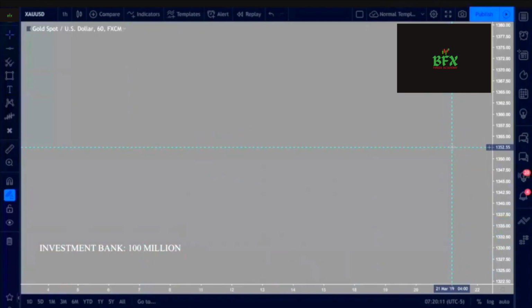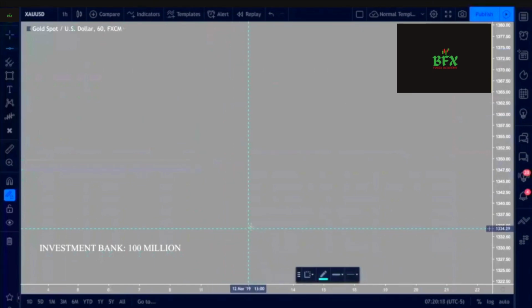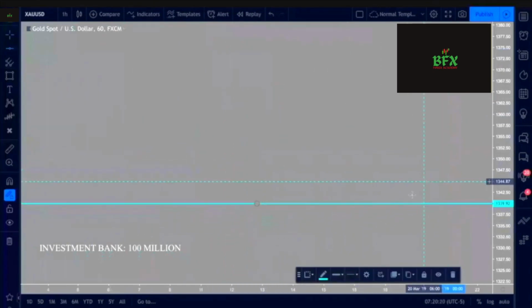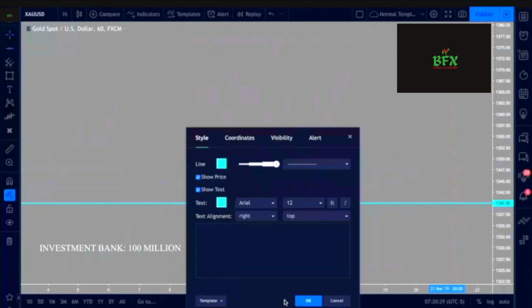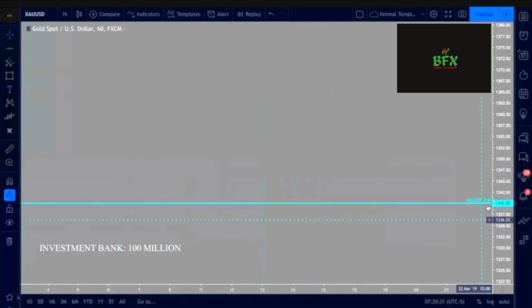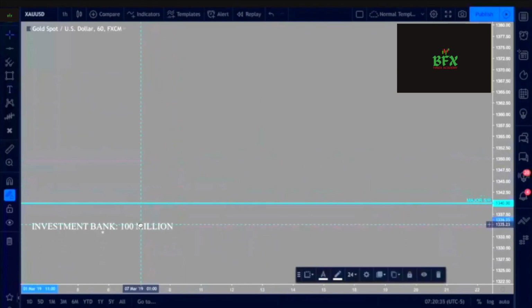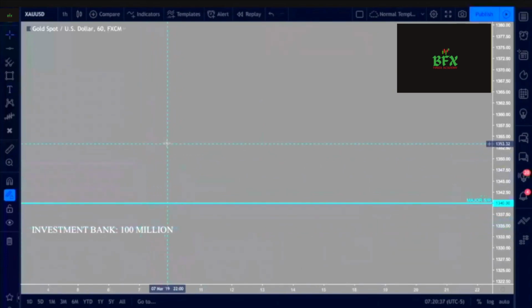The reason why they have to do this, so let's go ahead and pull out our line tool here. And let's just say that right here at 1340, let's go in here. So 1340, and make this our, here we go. Right here at 1340, they want to fill this order for 100 million, okay?